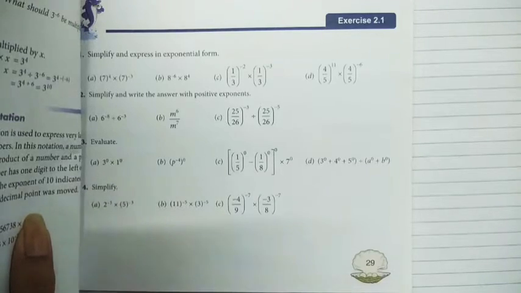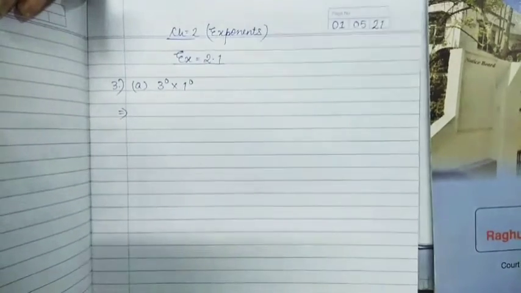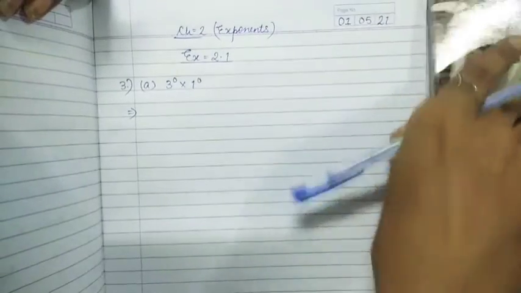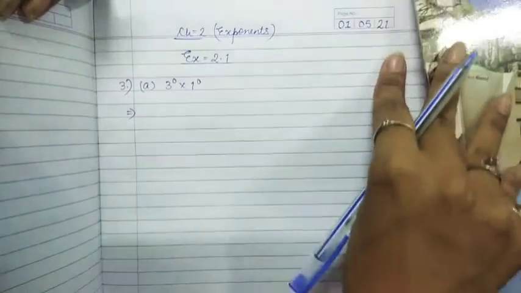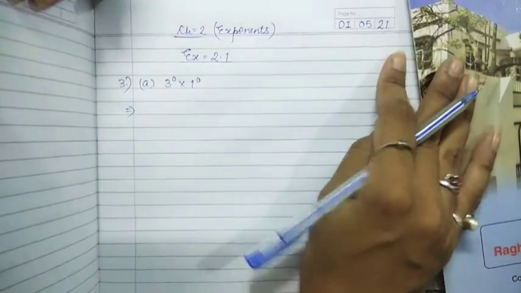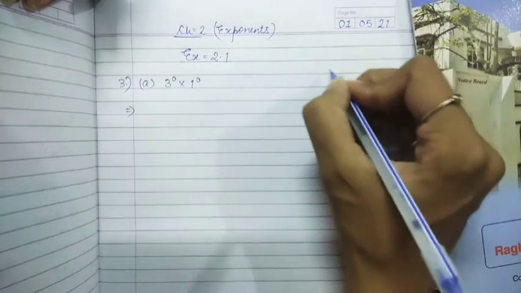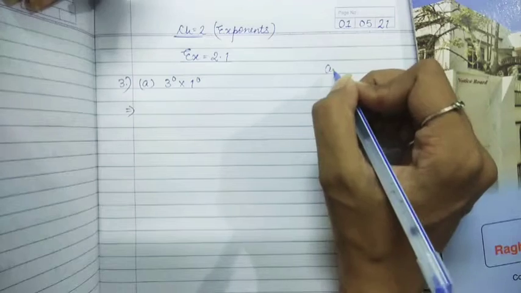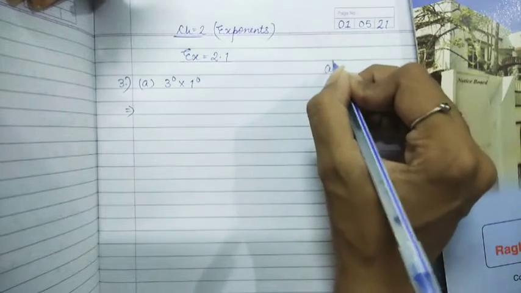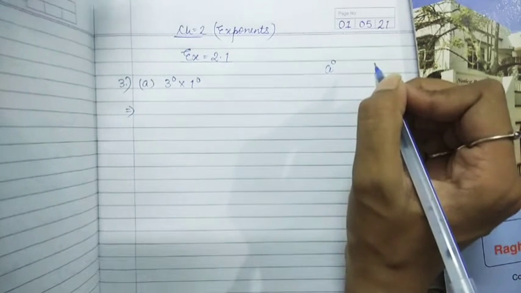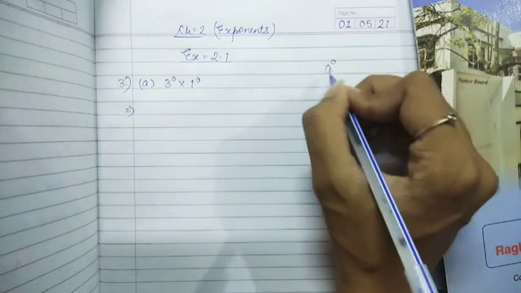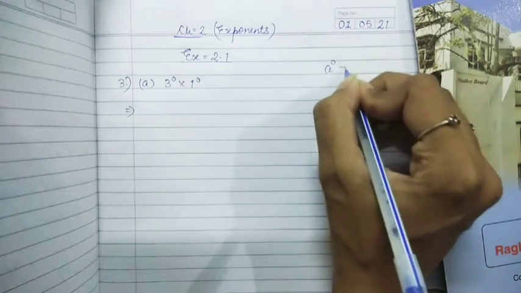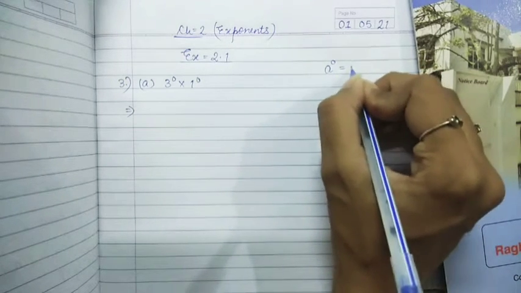So let's start. Learners, before starting this A part, I have to tell you something: if A is any constant and the power is 0, so if any constant or any number has the power 0, the value of that number will always be 1.